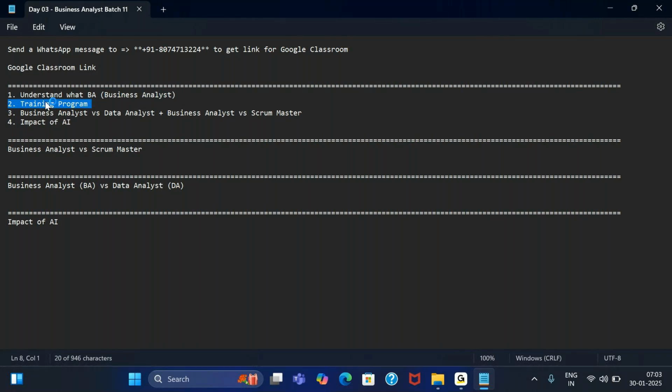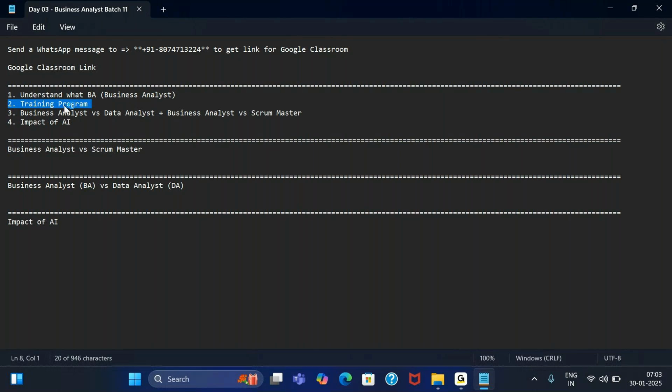Now let's take this discussion a step further. Generally the question that comes up in the minds of students, once we have gained a good understanding of BA roles, responsibilities and the BA work, is how the BA role differs from some of the other commonly thought about roles.